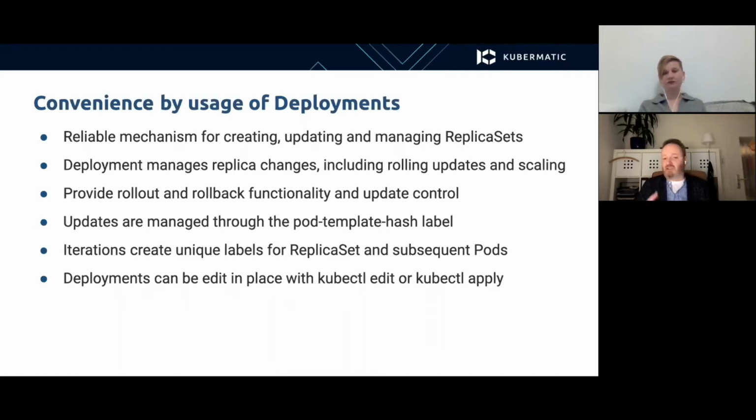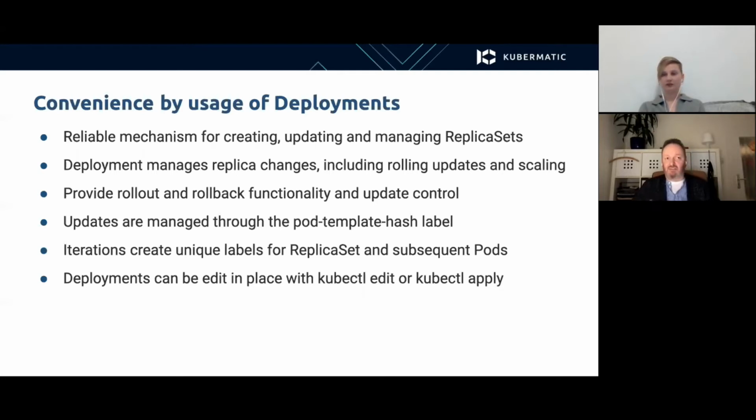The technical mechanism behind it is called pod template hash label. This way they are marked internally so that the deployment knows, by using internally a replica set, how this is put together. And then there are also iterations.